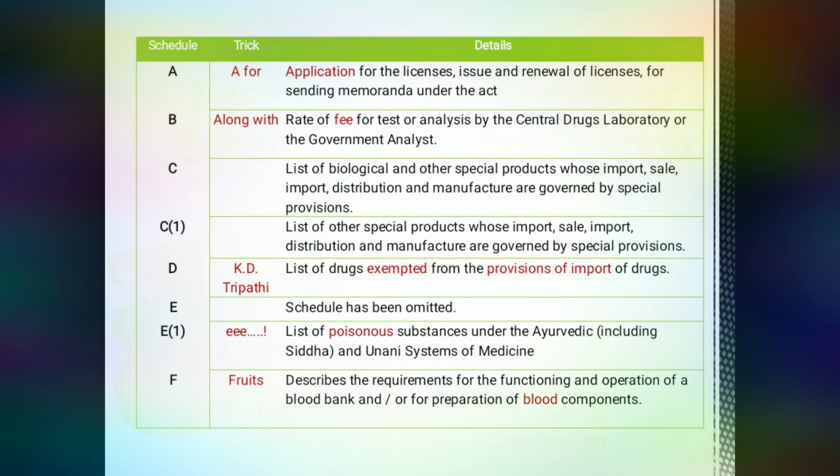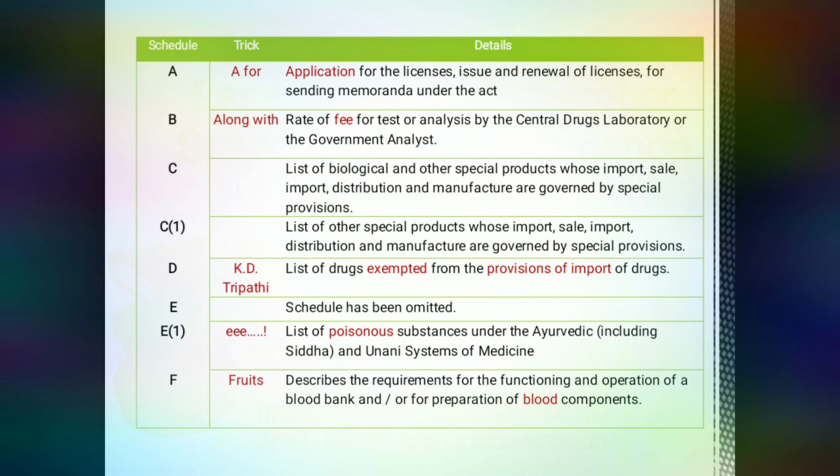Schedule E is omitted. However, this schedule was for list of poisonous substance. Schedule E, you can remember this E means no one will like to take poison very happily, right? That is something which you do not like.